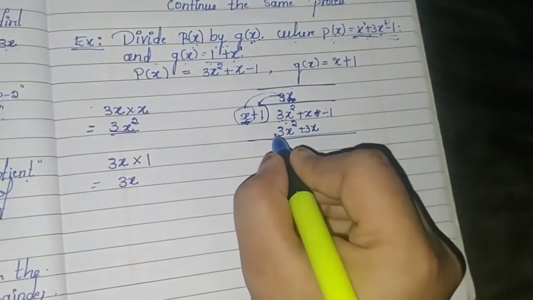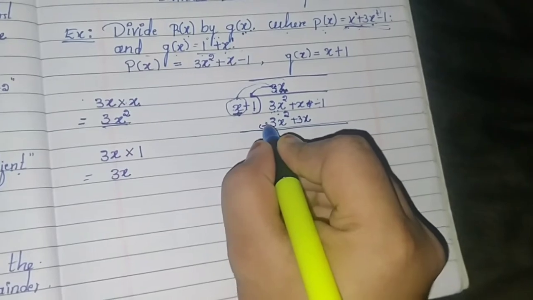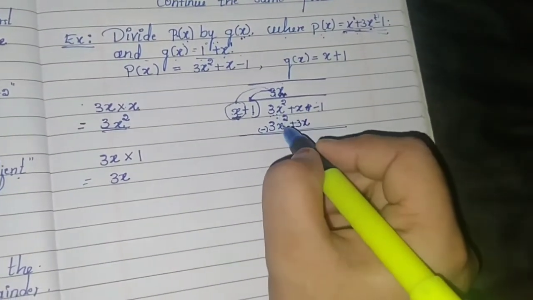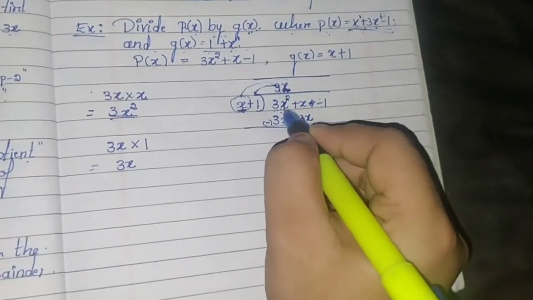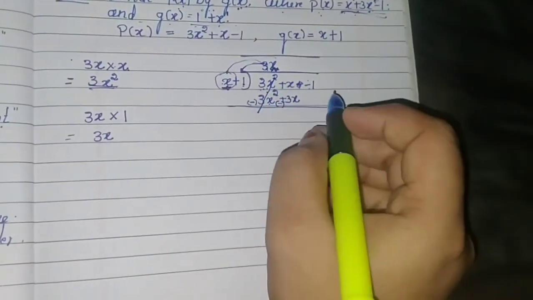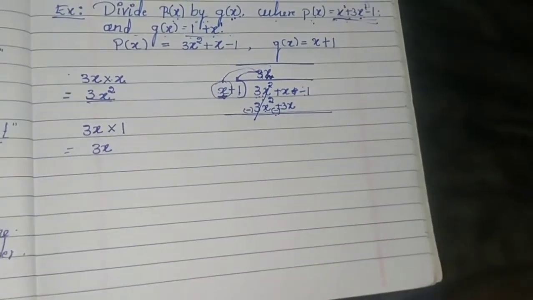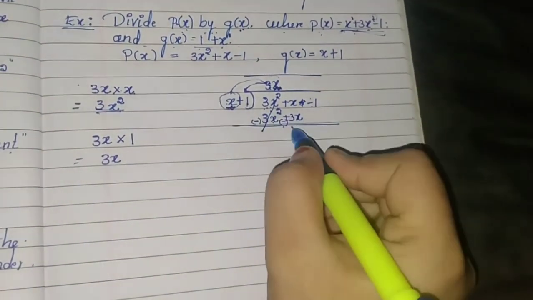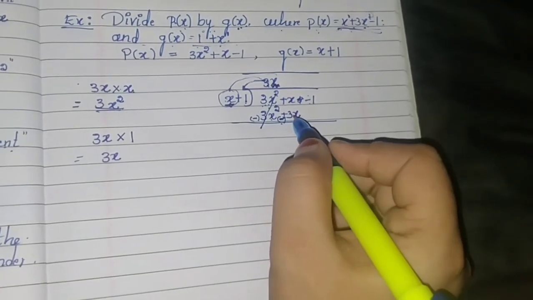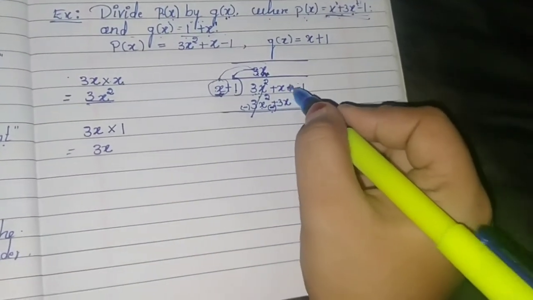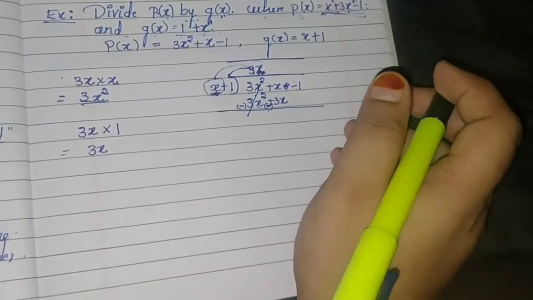So here I'm going to write minus, and here plus, minus. 3x square and 3x square get cancelled. What is remaining? Nothing, 0. Once you change the sign, you have to consider only the changed sign and neglect the old sign.